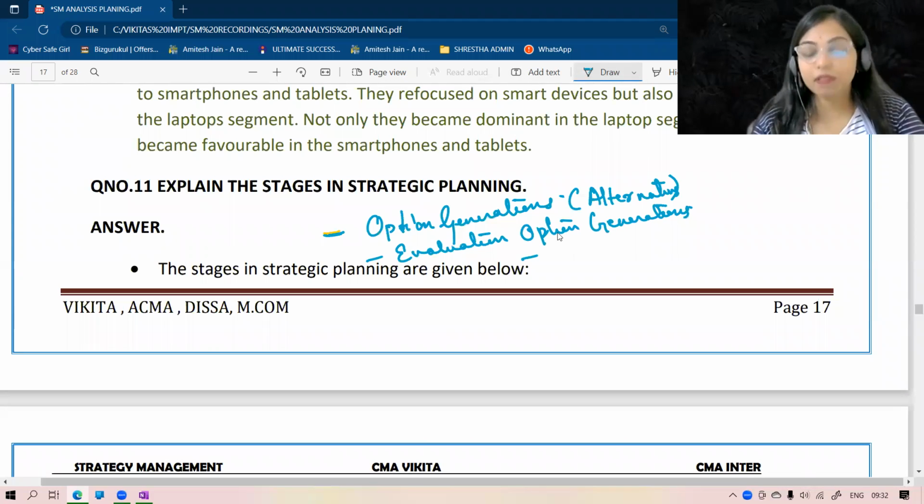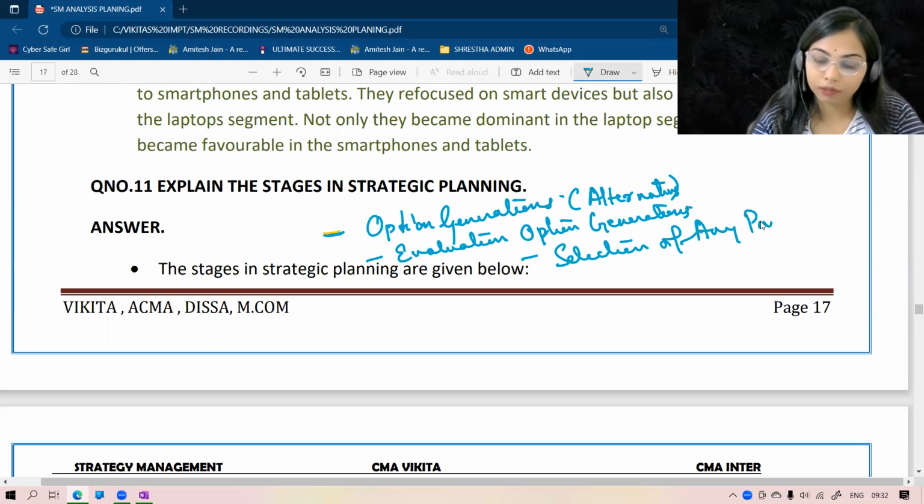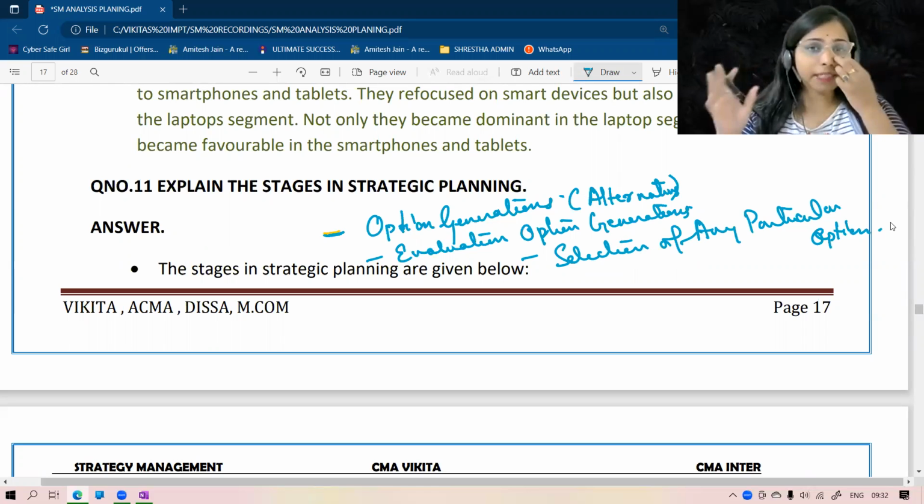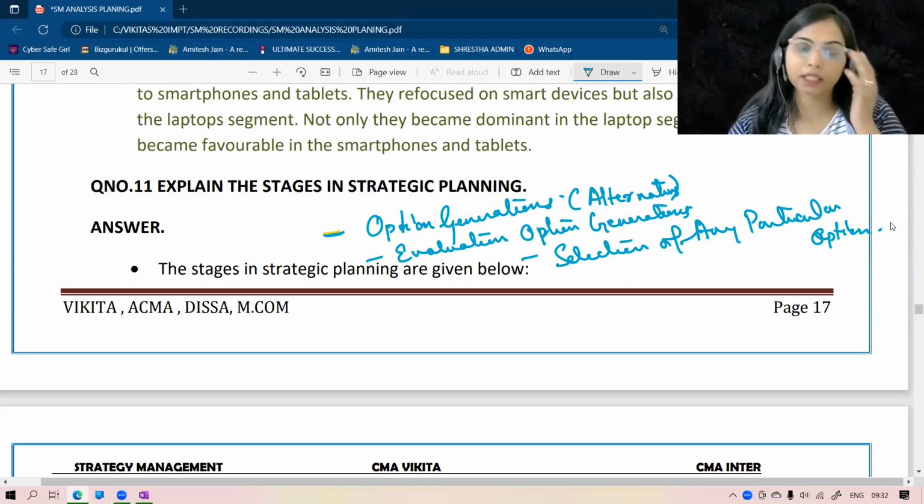Next comes the selection of a particular option. Am I clear? These are the 3 strategic planning stages.